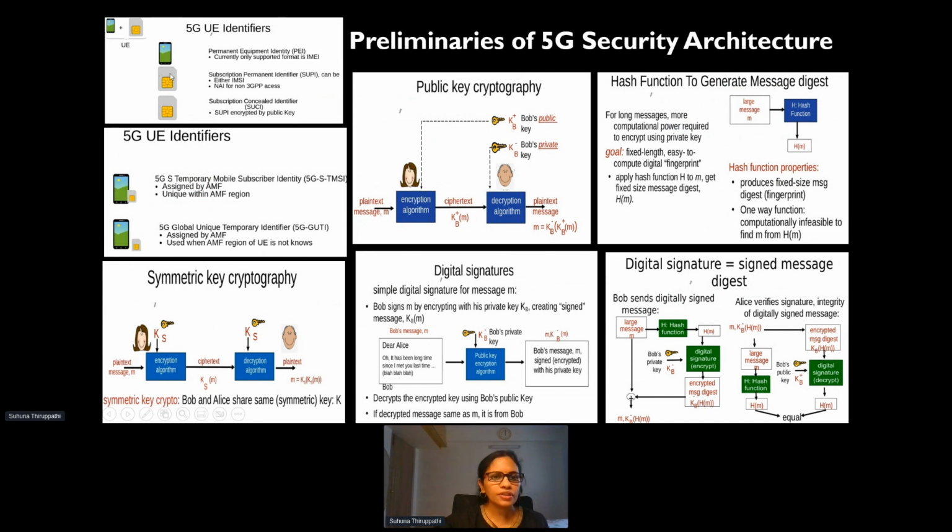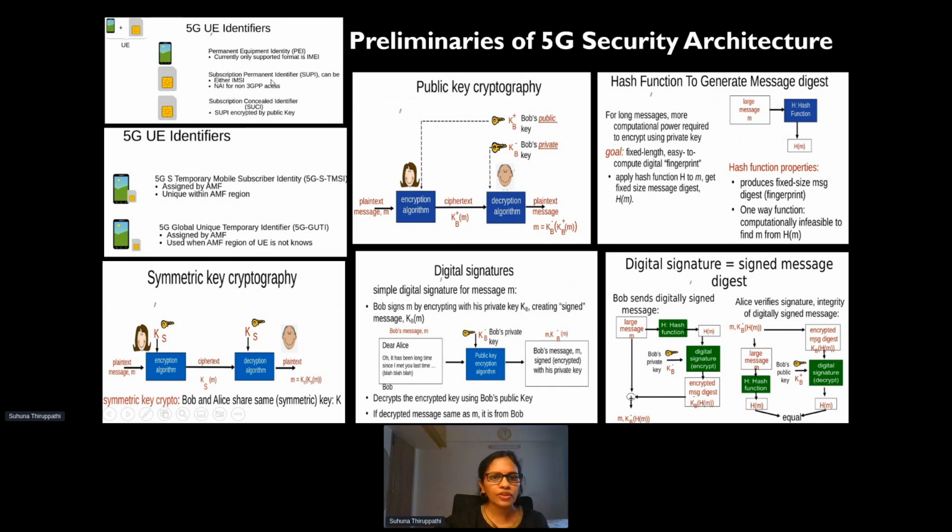To identify the SIM in 5G, the Subscription Permanent Identifier, SUPI, is used. For the 3GPP standard it is the IMSI, and for non-3GPP cases the Network Access Identifier is used.